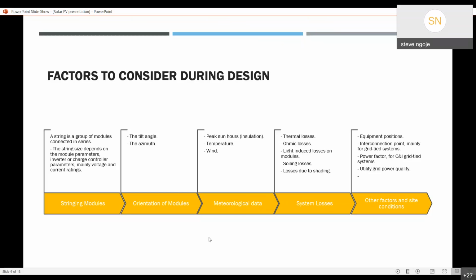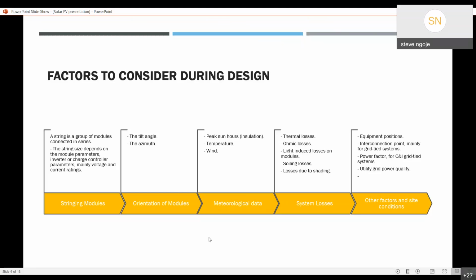So over the course of 25 years, the lifespan of the PV plant, that will happen. Soiling losses, this is just loss due to soil settling on top of the solar module glass. This needs to be cleaned regularly, especially when it's not raining, and especially when you're in an area that has a lot of loose soil which settles on top of your modules.